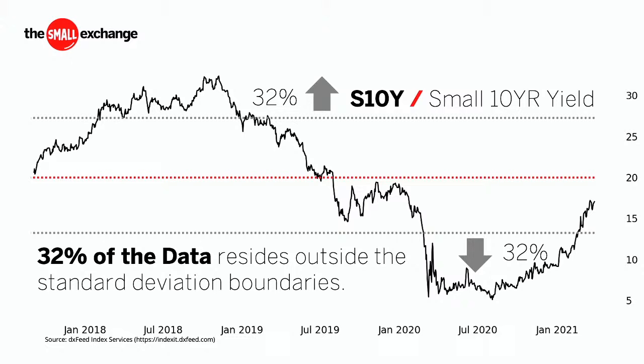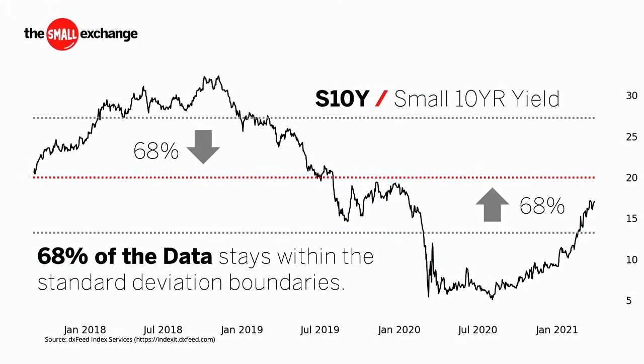Now, the first gut reaction is usually, well, why don't you give me a number that has 100% of the data inside that boundary? Well, you don't have opportunity then, right? If you're looking at a 100% confidence level, with 100% of the data being in whatever bound, that just tells you that the market never gets to that bound, and so you never get a chance to buy or sell at those levels.